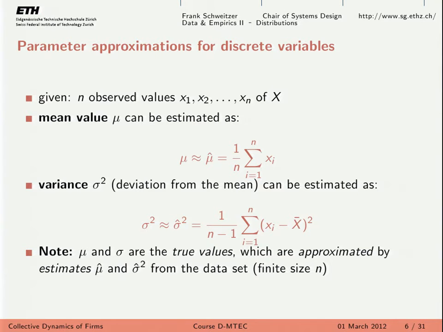But as I said, the mean value is not the average. That's the average, so that's very important. Therefore, I took a capital X bar here. So that's the average, and this is the mean value. For the moment, you can assume that's the same. But we come to other examples where it's not the same later on.